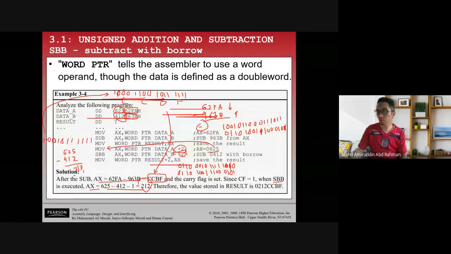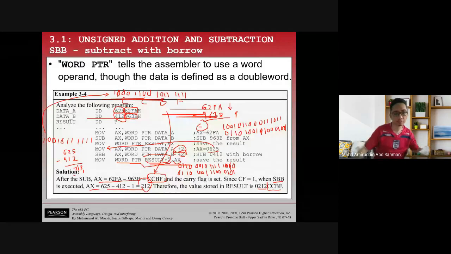So the result from SBB in AX is moved to the word PTS result. This one is the result for the upper bit, so this is 0212, and we have the lower bit as CCBF.